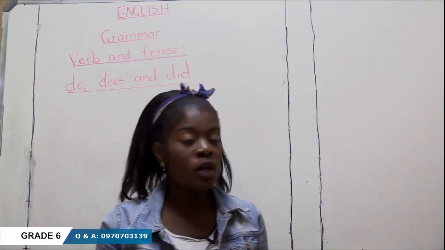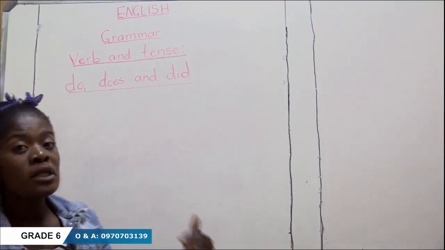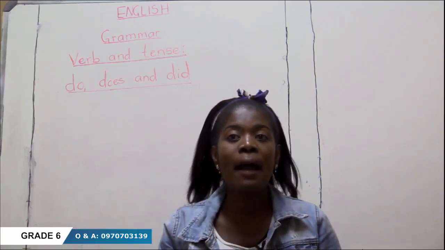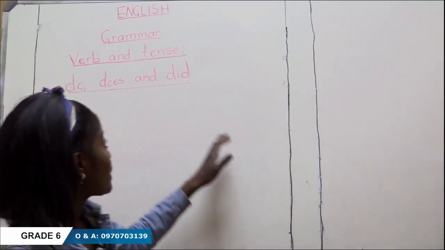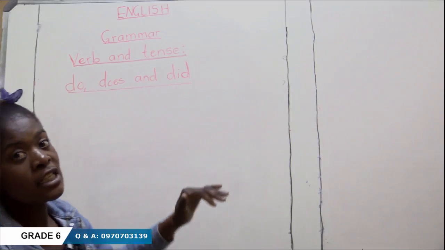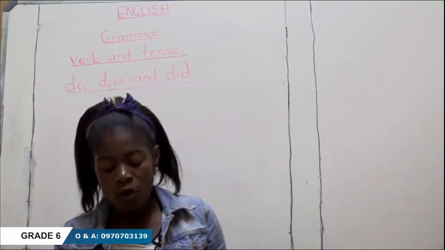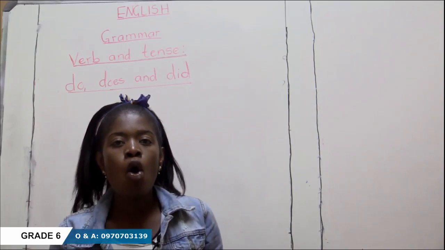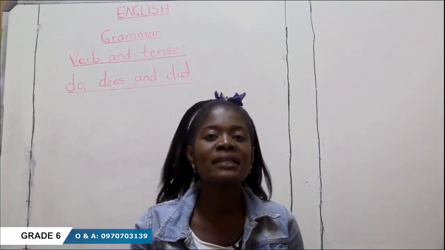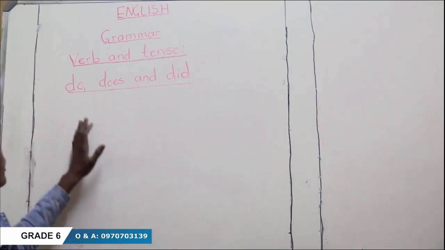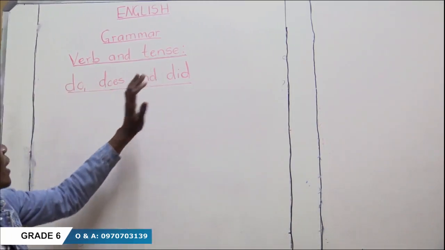When we talk about tense, we've got simple present, something which is just happening, and past tense, something that happened. So a tense is a form of a verb which tells about the time of an action: did it happen now, or will it happen in future, or did it happen a long time ago.